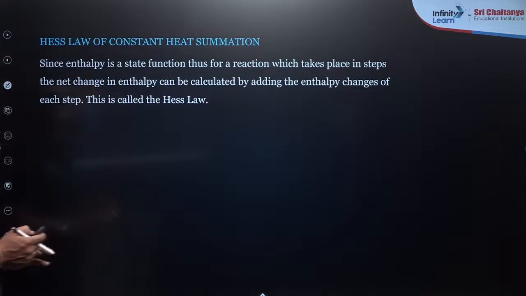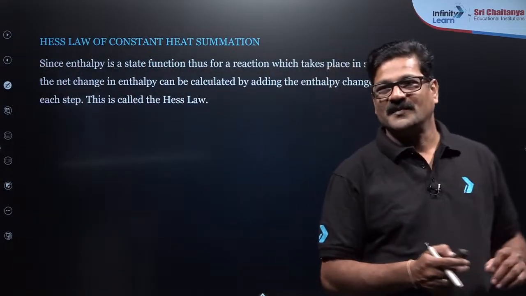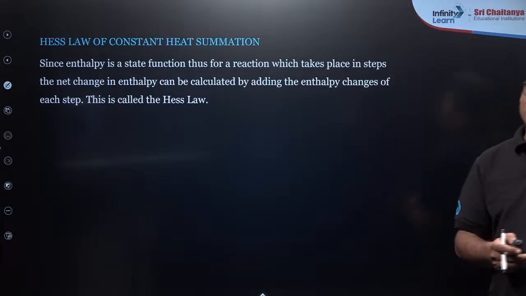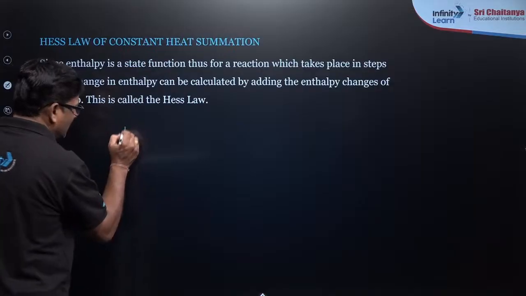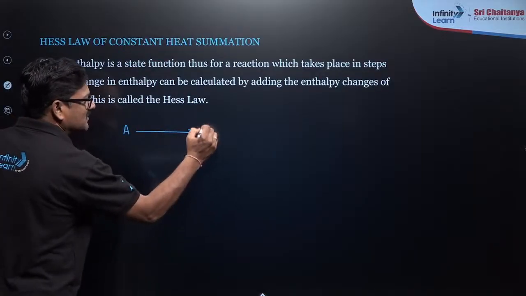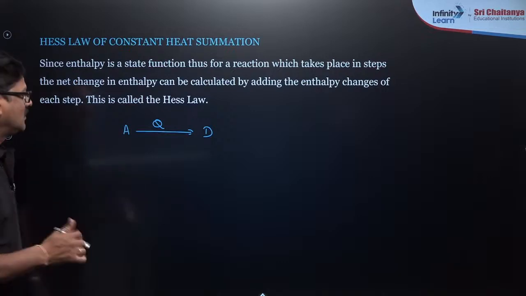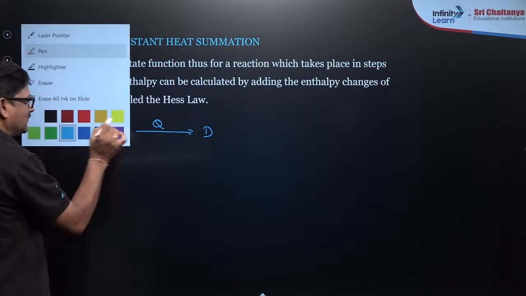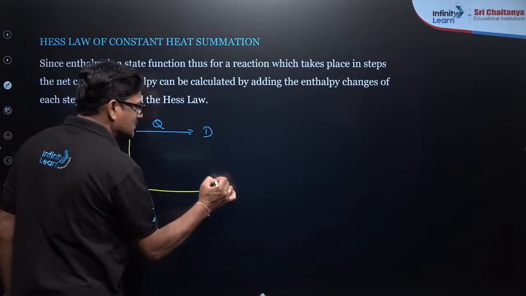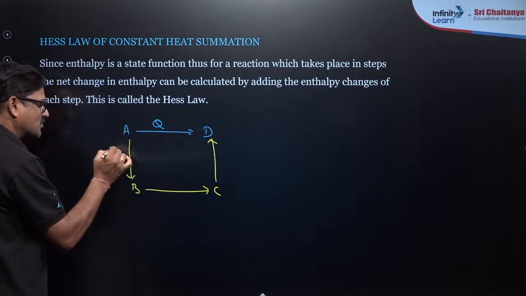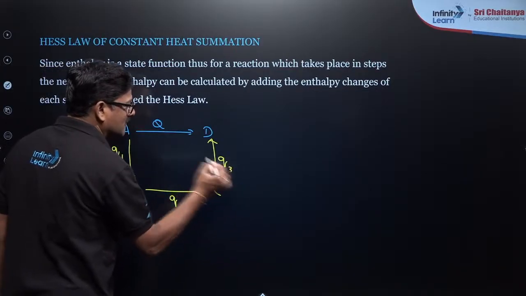And talking about Hess's law of constant heat of summation, it is a super awesome thing. Let us say A is giving rise to D, and it is going to have heat Q. Let us say the other way: A gives B, B gives C, C gives D. So it gives Q1, Q2, and Q3.